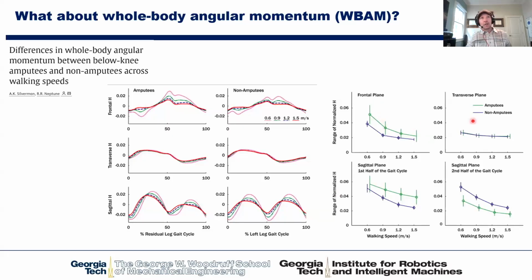And then that is all just summarized over here in these nice metric graphs that show a clear difference between amputees and non-amputees and in the way they're regulating their angular momentum just during steady locomotion. Okay, so that's some evidence and support for the idea of using angular momentum as a way to measure balance as well.